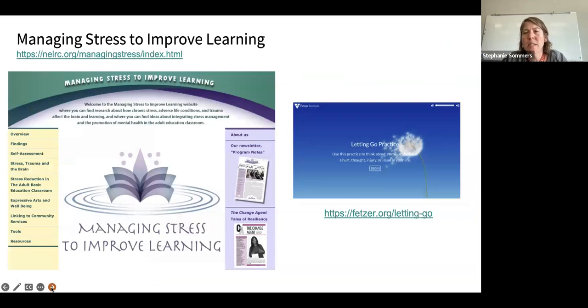One more resource here. This comes from NERC, which stands for New England Literacy Resource Center. This is not exactly a new resource, but it contains one of my favorite activities, which is a stress bowl. You simply fill a bowl with water and set it by the door. You have some slips of paper and felt tip pens there.